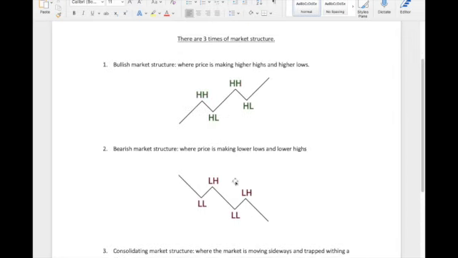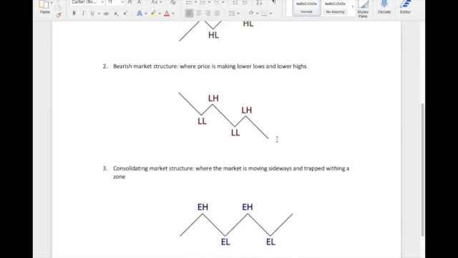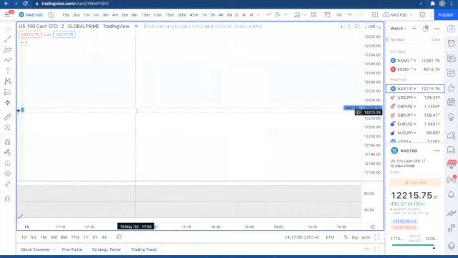So we'll go into this topic a little bit further, where you can see that within a structure, there are other structures happening in lower time frames, and we'll touch on that in a little bit. All right, so let's go straight to the drawing board, and then we'll look at some charts.